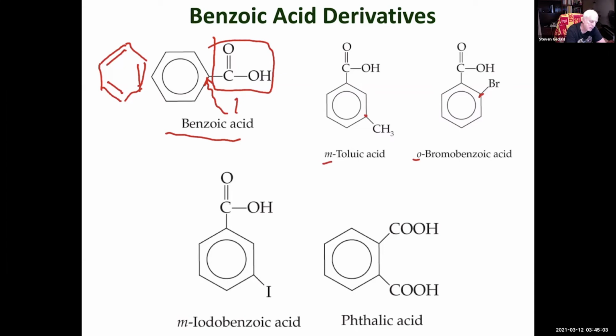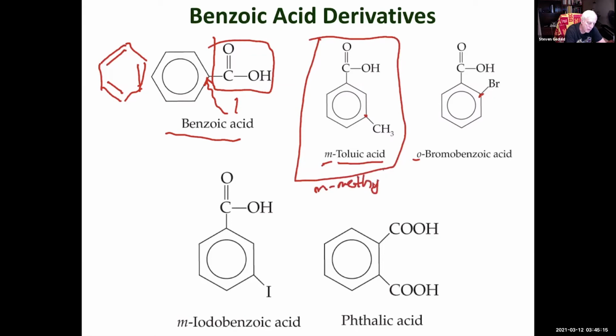So this compound right here, it's meta-toluic acid, or how I'd want you to know it is meta-methylbenzoic acid. That's how I expect you to know it. So meta-methylbenzoic acid.